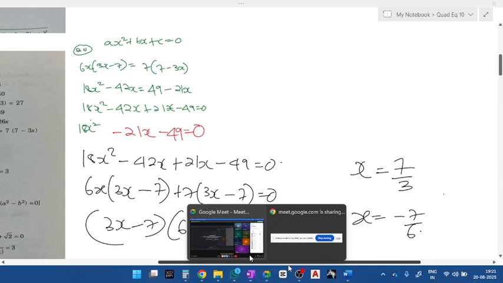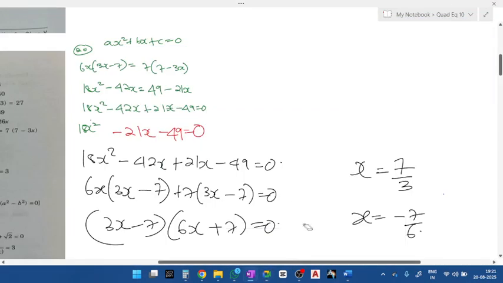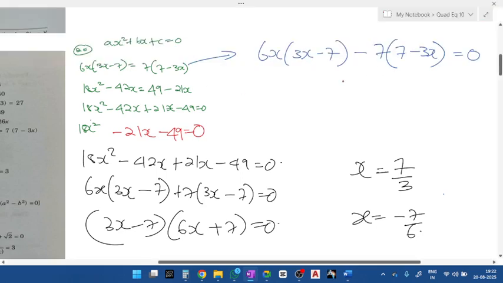But see, this is how you do it. I'll tell you how to do it directly. This question, actually, you should have done directly. See, the first line itself is 6x into 3x minus 7. Shift this entire thing to the other side. What do you get? Minus 7 into, in bracket, what do we have? 7 minus 3x. Look at the bracket and tell me, are they same or different?